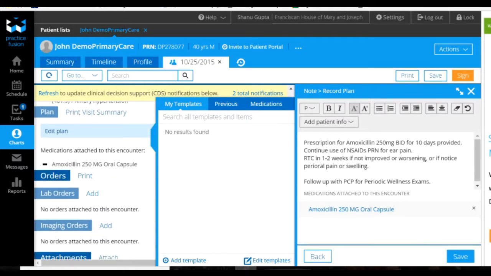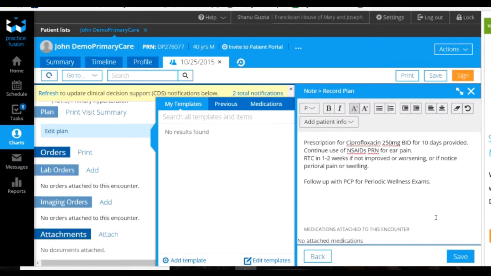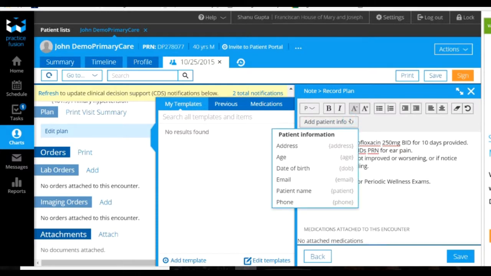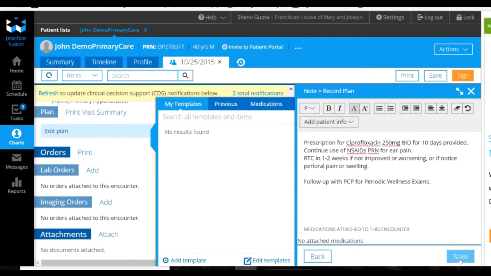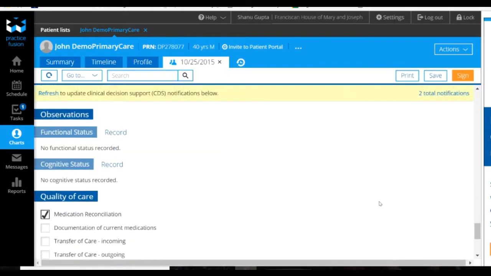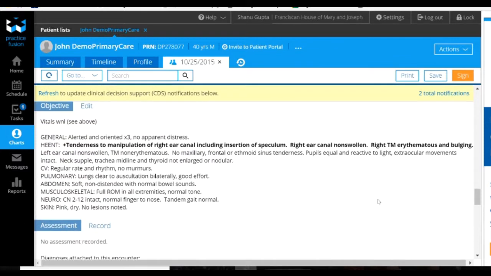So our plan, instead of amoxicillin, because we realized he had an allergy, let's change this to ciprofloxacin, and I'm going to delete this, and I will attach the medications shortly. We're going to ask him to come back in 2 weeks just to make sure that his otitis is actually resolved. And save. And then you should be left with a great looking note.